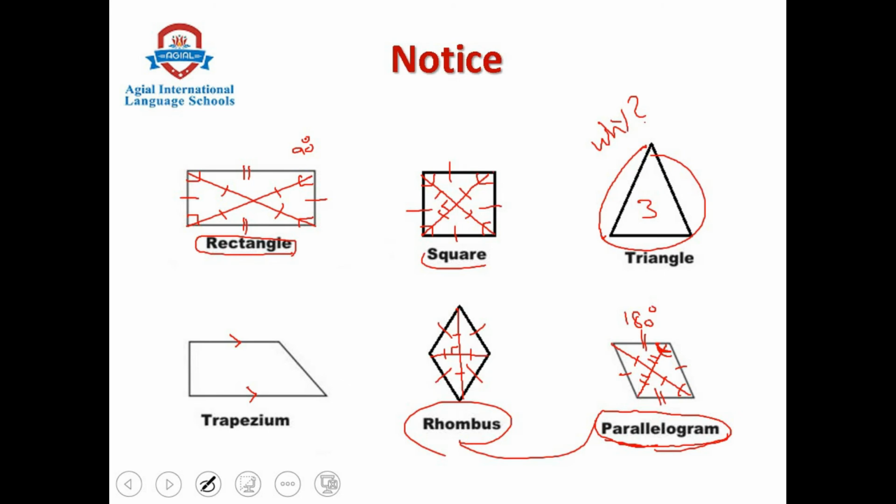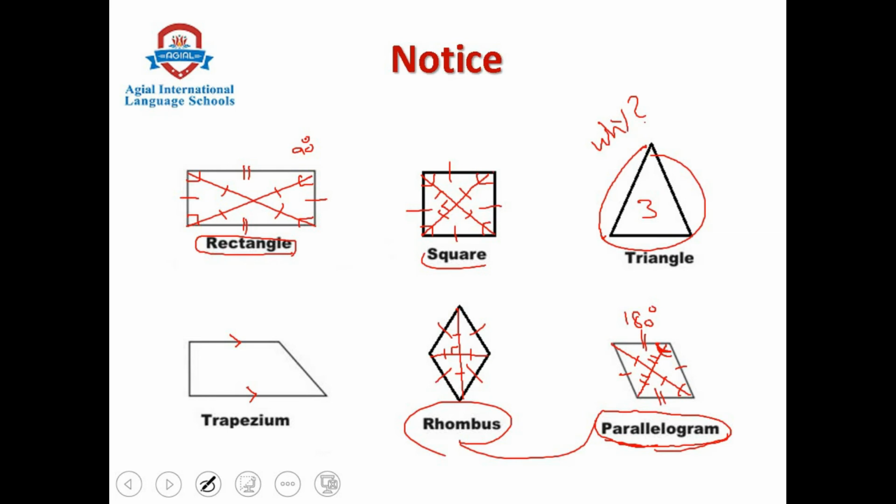So we have the rectangle: each two opposite sides are parallel and equal in length, and each angle equals 90 degrees. The square is a quadrilateral in which each two opposite sides are parallel, all sides are equal in length, and all angles are equal in measure, each of them 90 degrees.